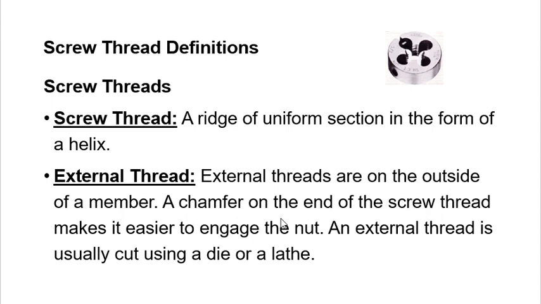Functionally it's really good because it makes it easier to engage the nut. So in machining, we make the external thread using a die or a lathe machine, or sometimes you can do it manually, a long time ago.